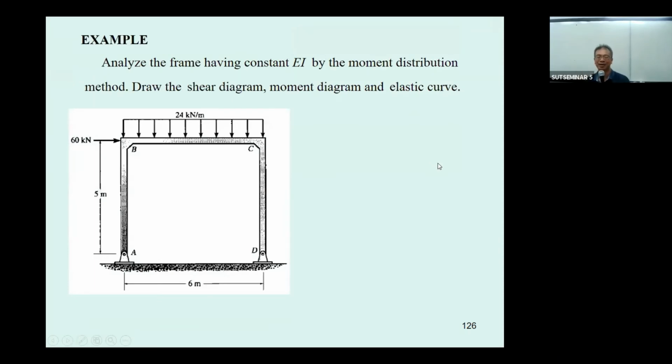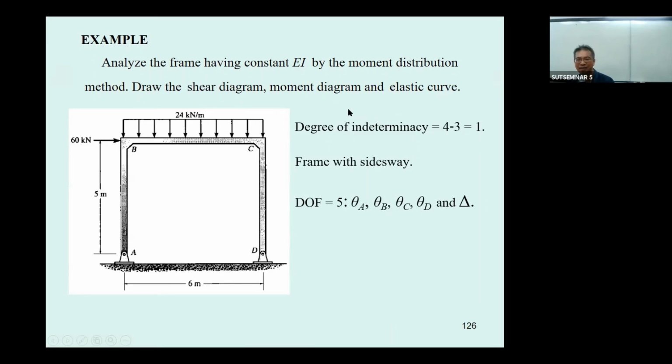We have this one in the PowerPoint, but I like to show you how to write it, because when you do the examination, when you do the homework, you are required to write it on paper. Okay, but anyone can go through this kind of analysis.